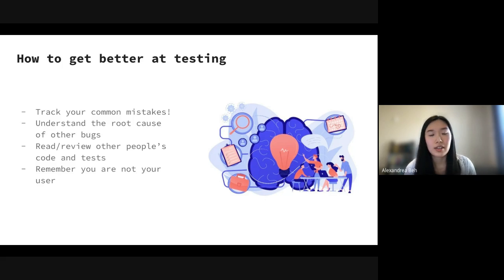The other thing is that if you go on sites like LeetCode or places that have test cases, that can be a good way to check yourself in terms of making sure that you've covered multiple test cases.